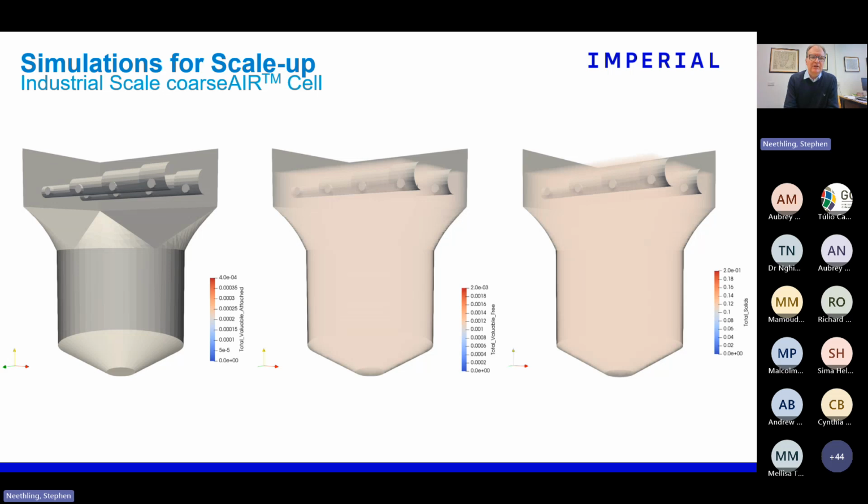And here you can see the left-hand side is the attached particles, so showing the flotation effect. The middle one is the unattached valuable particles, and the right-hand side one is the gangue particles in this system. So we can simulate from the small scale up to the sort of large scale behavior in these systems.